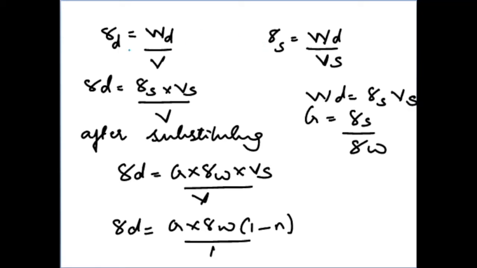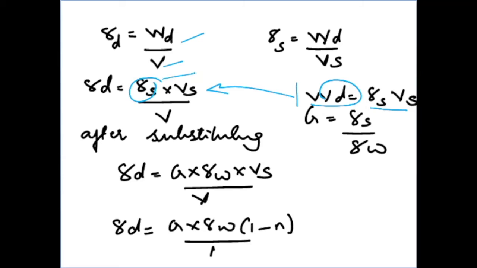So again, dry density is nothing but weight of the dry solids by the total volume. The density of solids can be written as weight of the dry solids by volume of the solids. So what is weight of the dry solids? On cross multiplying, we get it as gamma s into Vs, which I have written over here.